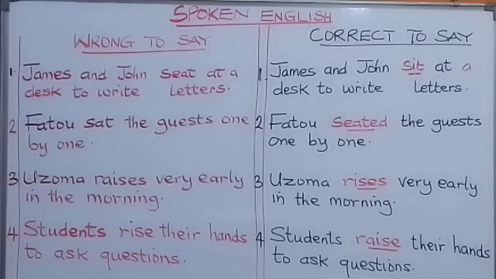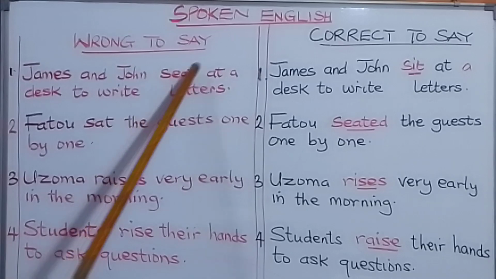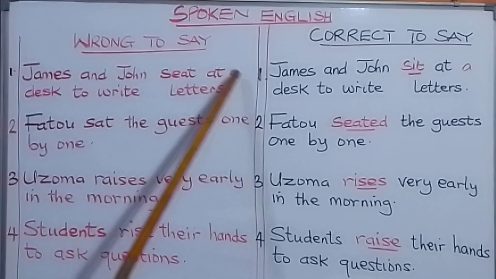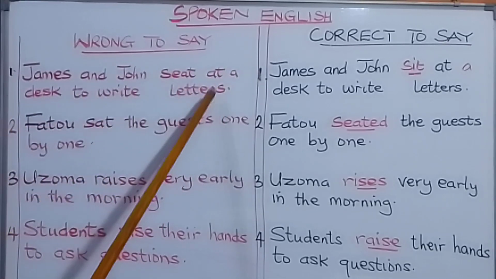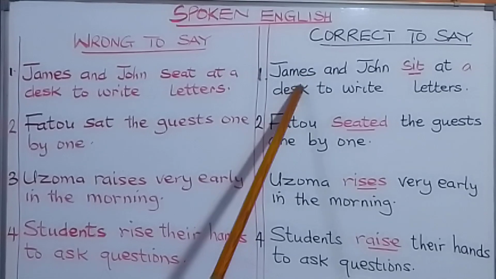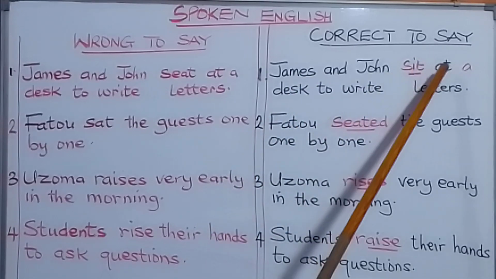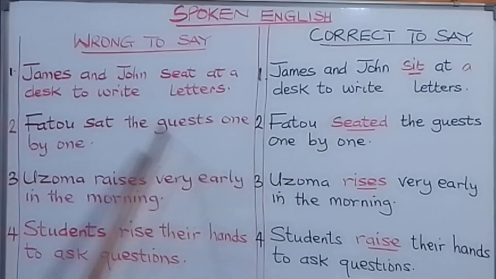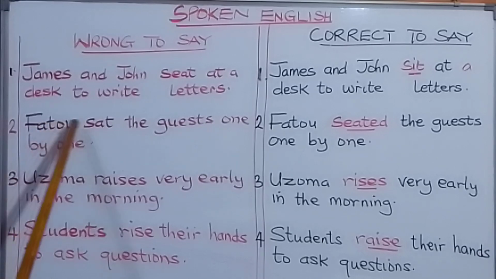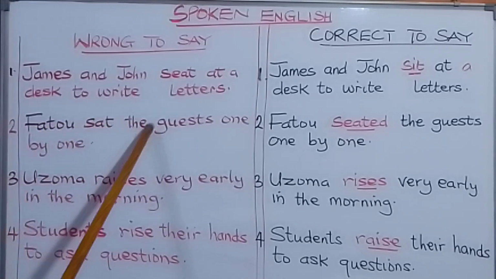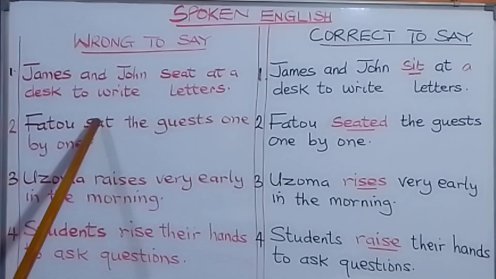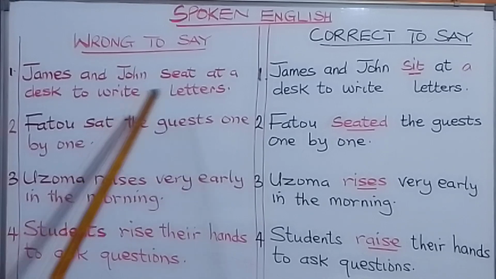Now, let's go through that again. Wrong to say, James and John seat at a desk to write letters. No, don't say that. Say James and John sit, S-I-T, at a desk to write letters. Wrong to say Fatu sat the guests one by one. That is the past tense of SIT.